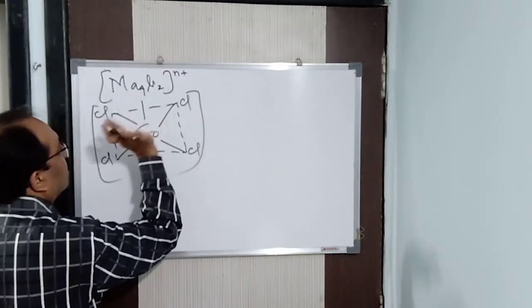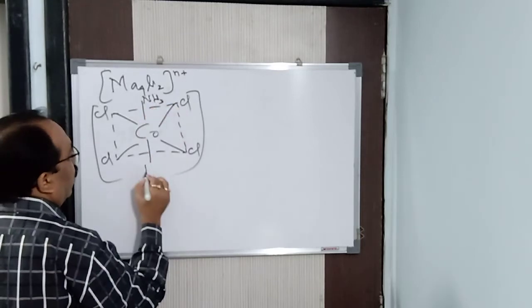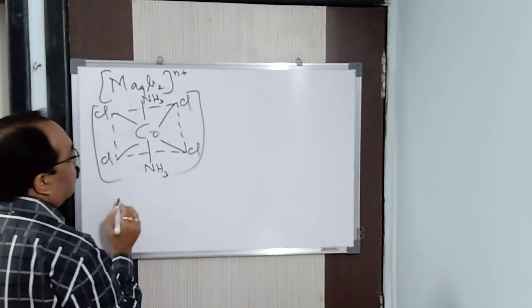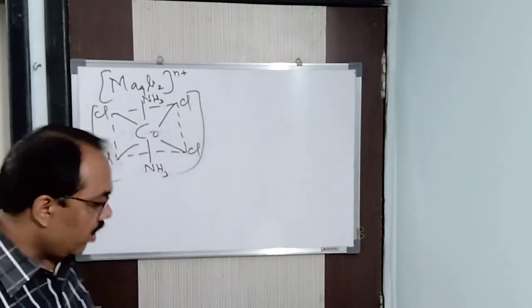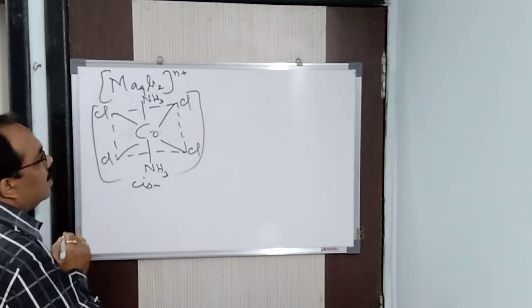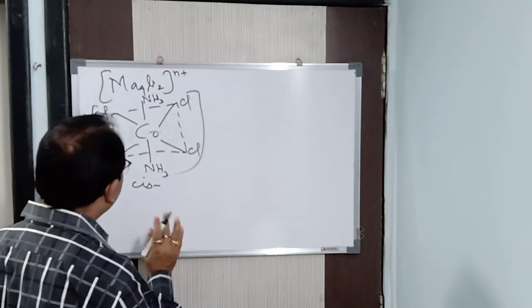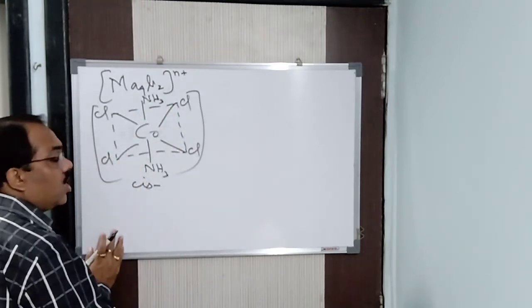This is your A, and B I am taking as ammonia. Now, what you find is that this one is the cis isomer. Now, what should be the charge?